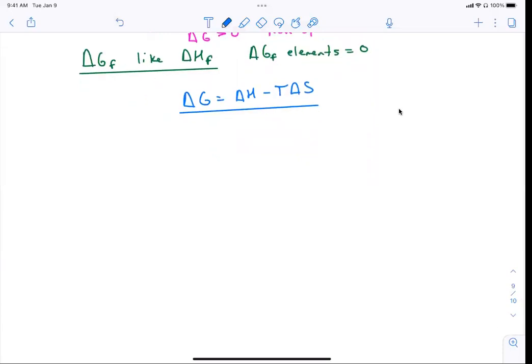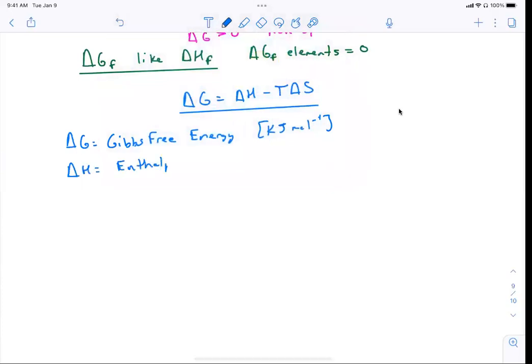Okay, so let's break this down. Delta G is Gibbs free energy, and the unit of that is kilojoules per mole. Delta H is enthalpy, which is kilojoules per mole.